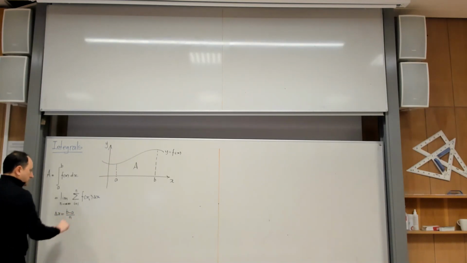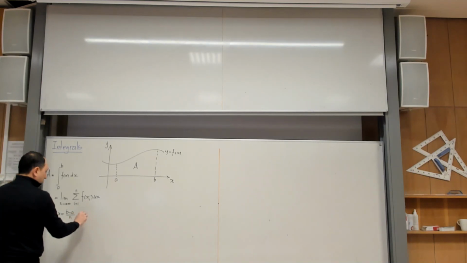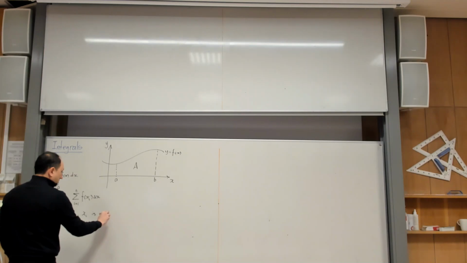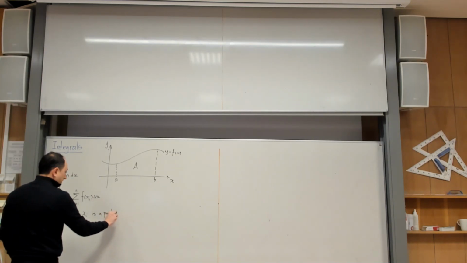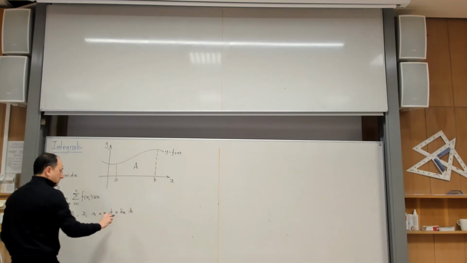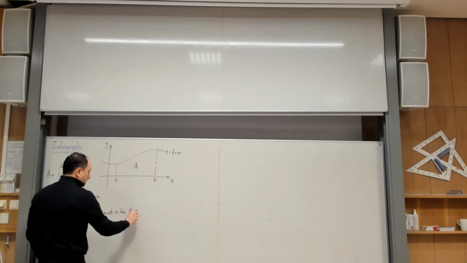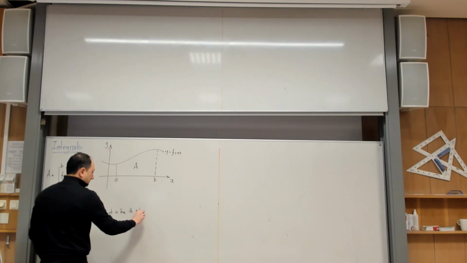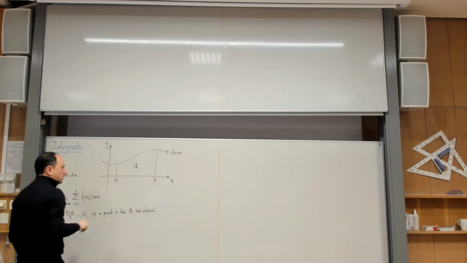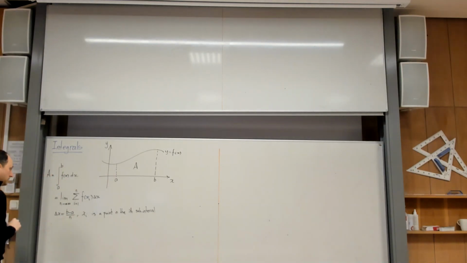And if I ask you what is xi, you would say xi is a point in the ith subinterval. Yes. After I start partitioning my interval into n equal pieces.